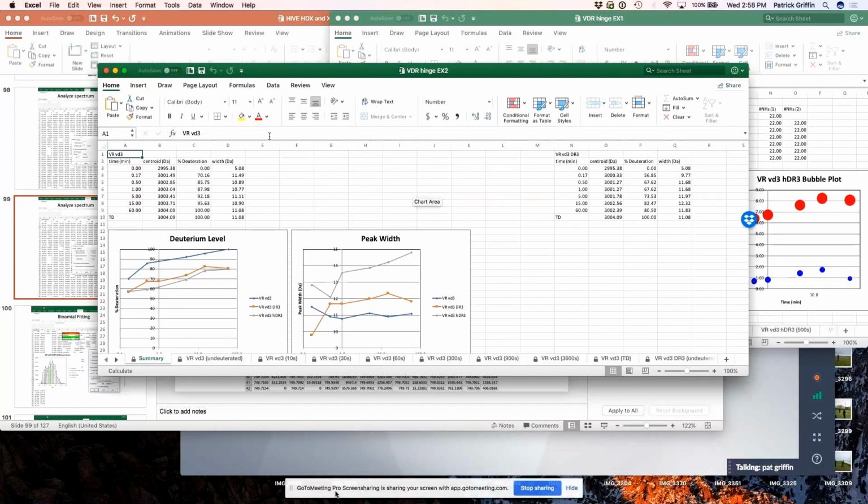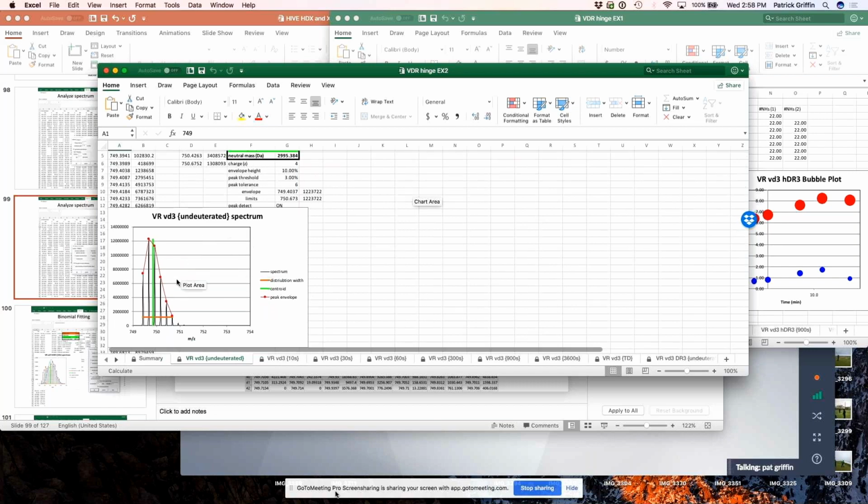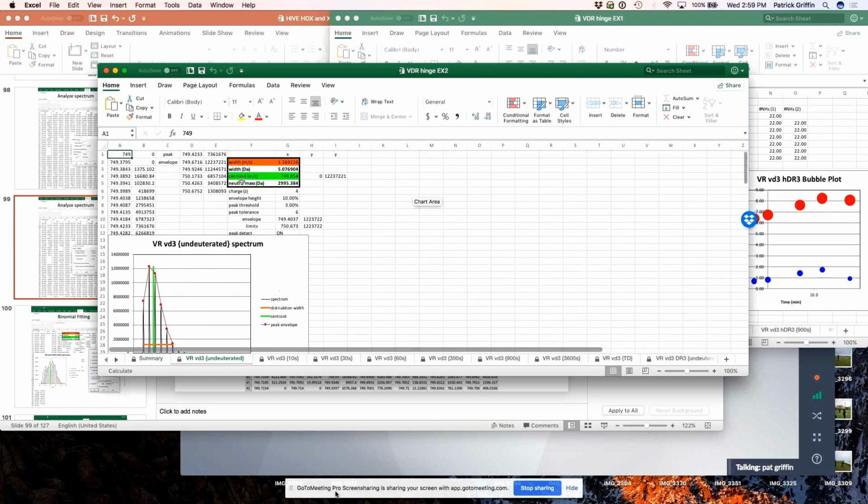So here's the direct data analysis of EX2 kinetics. You can plot the percentage change of deuterium incorporation and look at different protein states. Here's the undeuterated spectrum, and the software can automatically calculate the centroid and give you the peak width and the centroid m/z values.